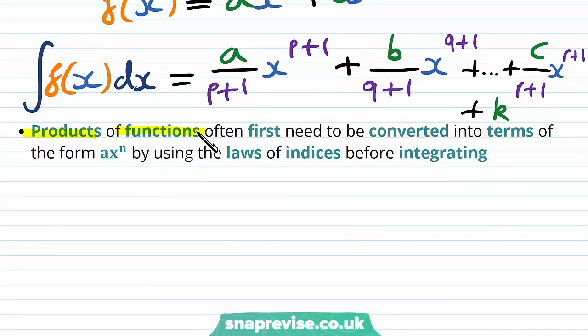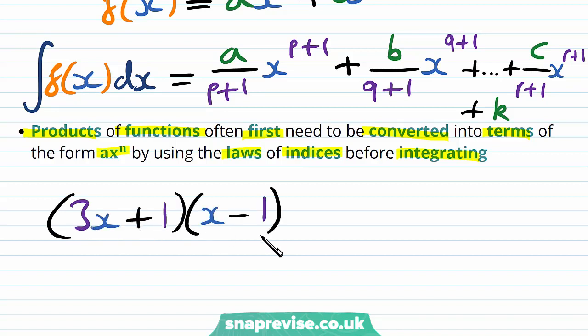Products of functions often first need to be converted into terms of the form ax to the power of n using the laws of indices before integrating. Let's say we have the product 3x plus 1 multiplied by x minus 1, and we want to integrate this.